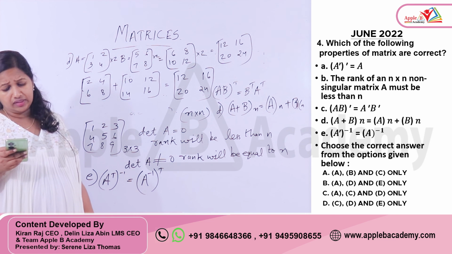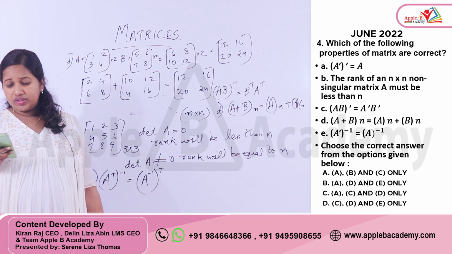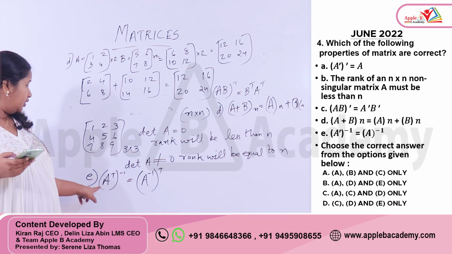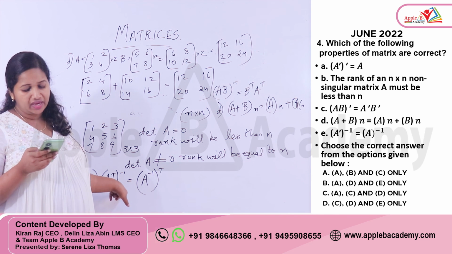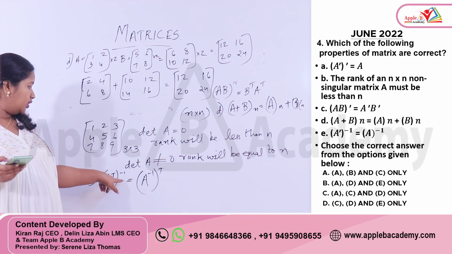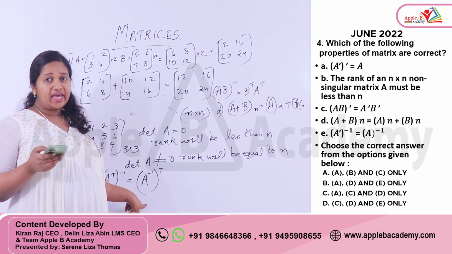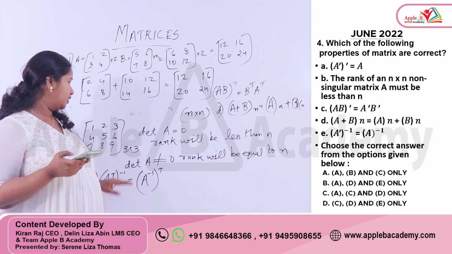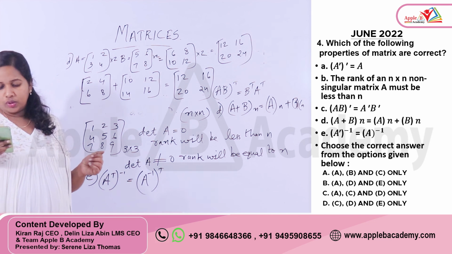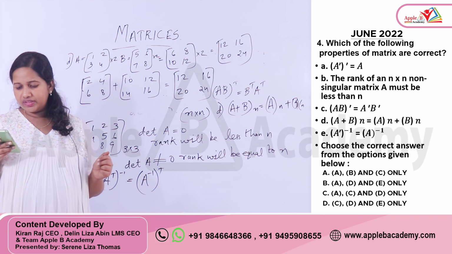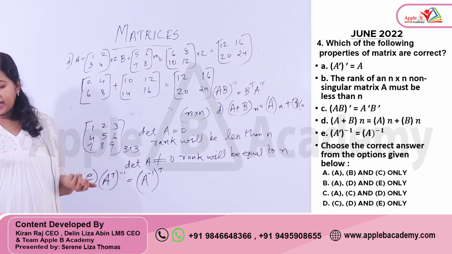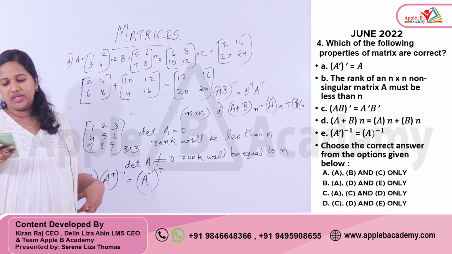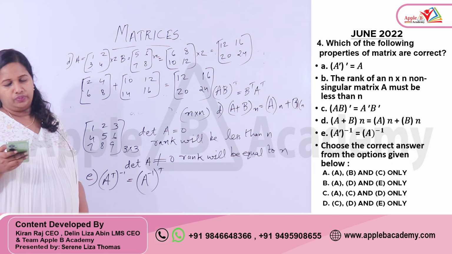And the last option is A transpose the whole inverse is equal to A inverse. No. A transpose the whole inverse is equal to A inverse the whole transpose. If this was the statement, it would have been correct. So the correct options are option A and option D. Option A and option D are true.